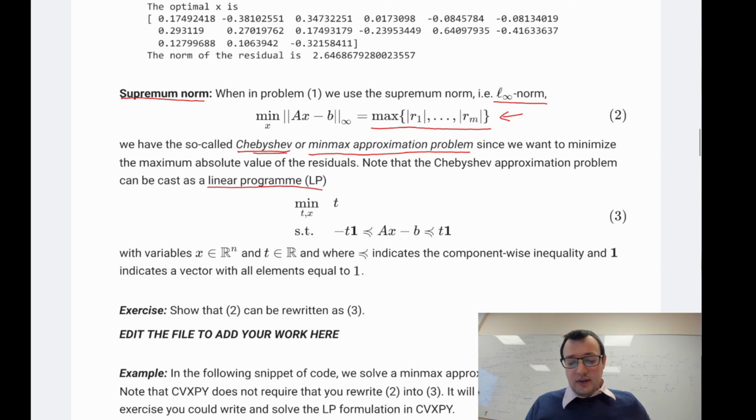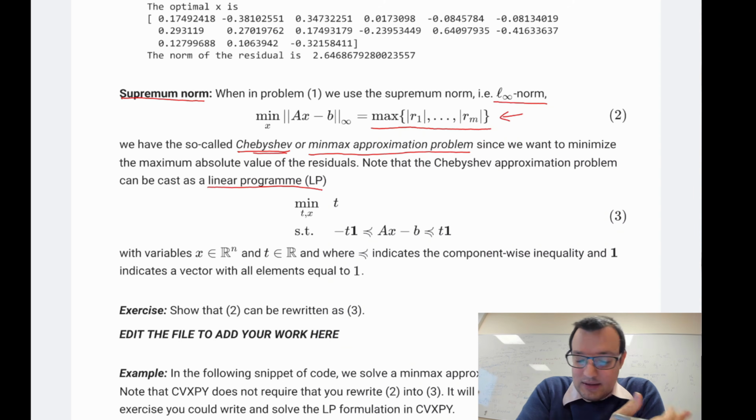LPs are a class of problems that we will study in this course. At the moment, I'm not defining what an LP really is. We will look at it in detail later on, once we cover a certain amount of theory. But generally speaking, a linear program is an optimization problem in which you have a linear objective and linear constraints.